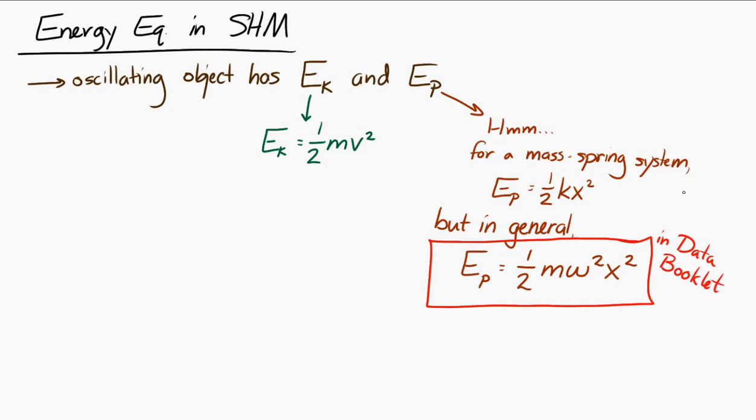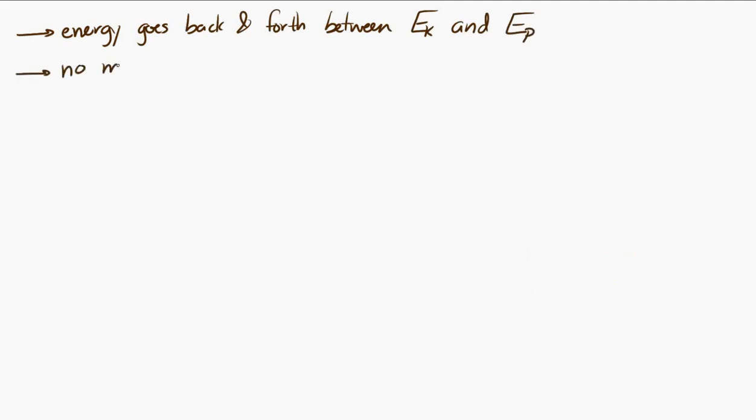Now, the energy goes back and forth as this thing oscillates. It goes back and forth between kinetic energy and potential energy. But no matter what, the total energy that this thing has is equal to the kinetic energy plus the potential energy. Those are the two types of energy it can have, so the total energy is the sum of those two at any given time.